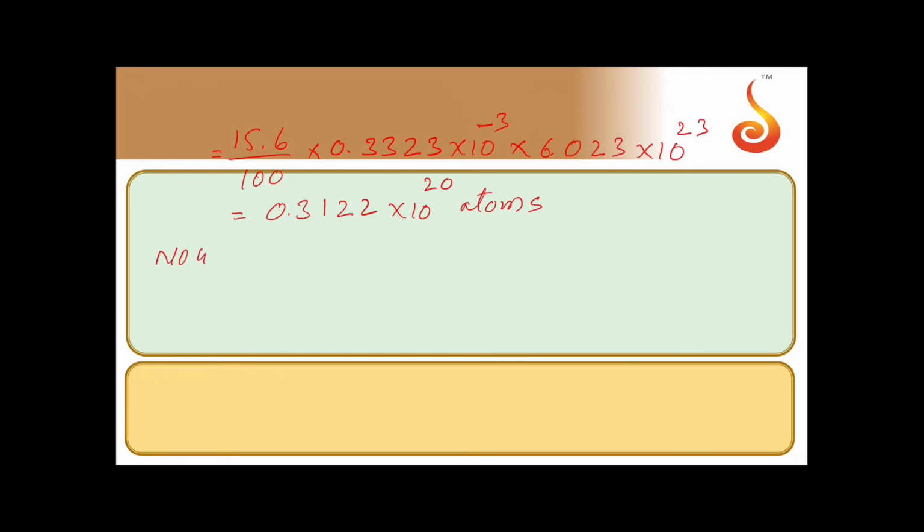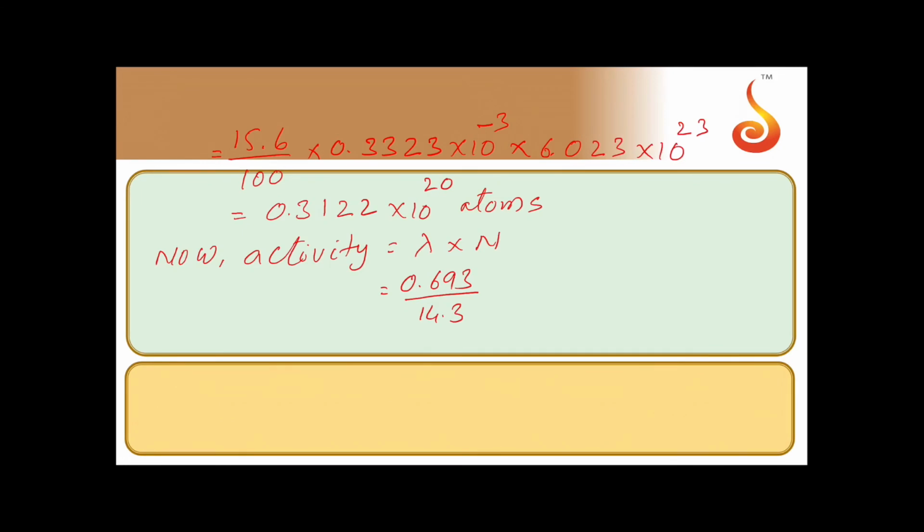Now activity is equal to lambda into N, which is equal to lambda, 0.693 by half-life, 14.3. Half-life is given there as 14.3 days.